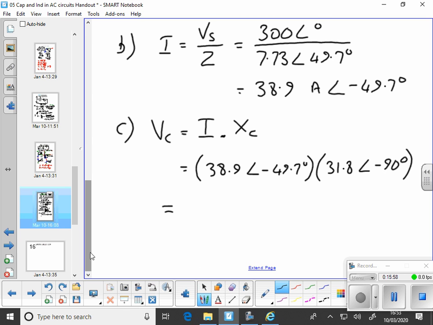How do we do this polar multiplication? Yeah, multiply the magnitudes and add the angles. So 38.9 times 31.8, one, two, three, 7.